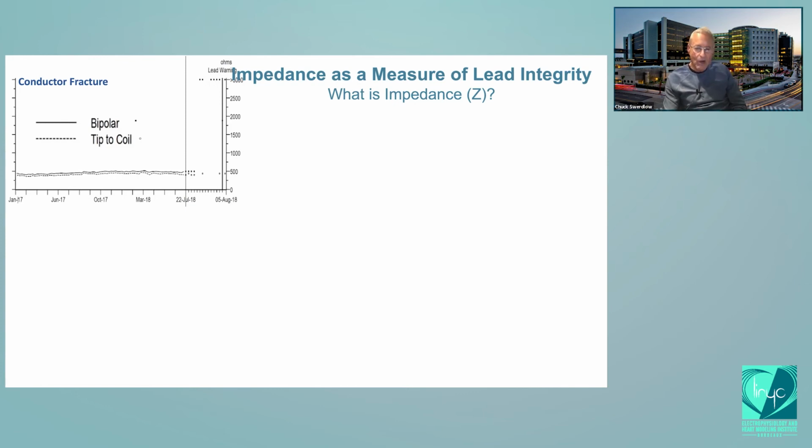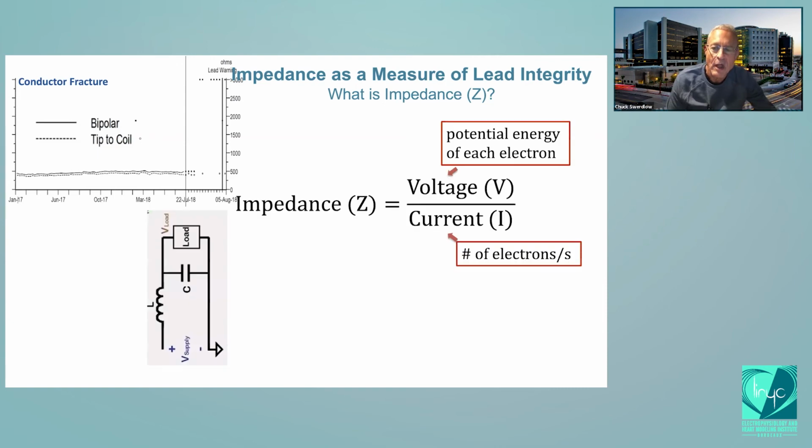I asked this to our fellows, and I won't ask it of your students, and I get a lot of interesting answers. But most of our fellows understand that current is a measure of the number of electrons flowing through a wire at a given time.